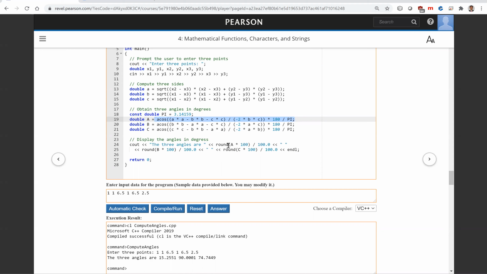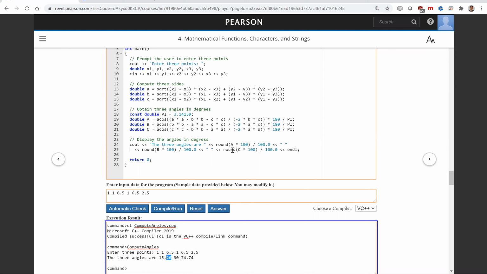Display 2 digits after the decimal point. I think we have more than that. Let's see what we have here. So we're going to run it. Let me run this program and see what the output is now. So that's right, this is 2 digits after the decimal point.